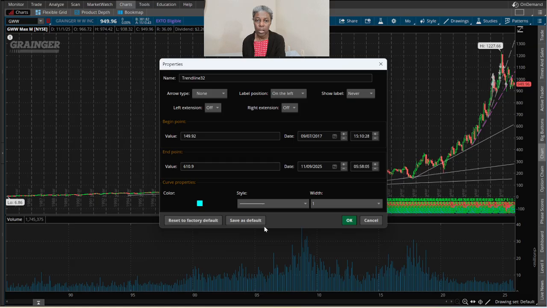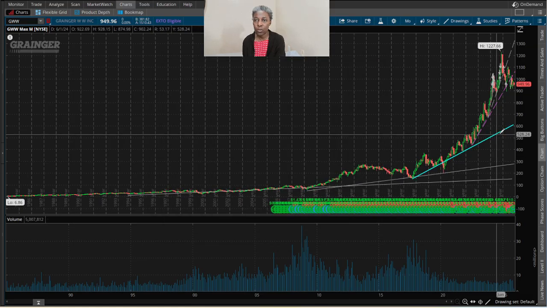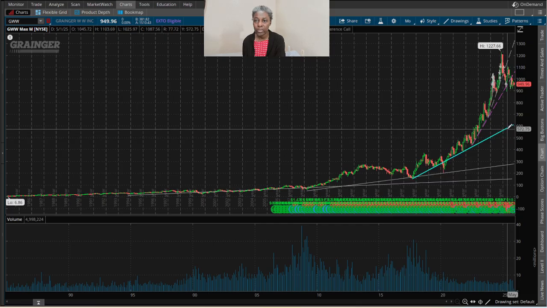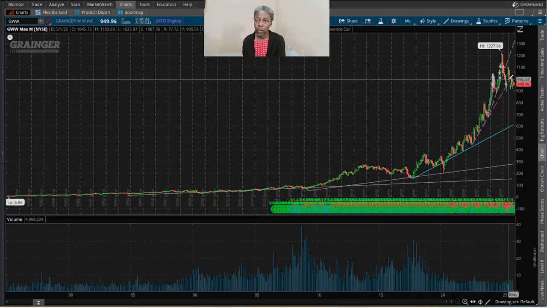So I'm going to add these stocks to my 2026 watch list, and I think this is where I'm going to be willing to buy if it pulls back to it, unless it wanted to go up from there.